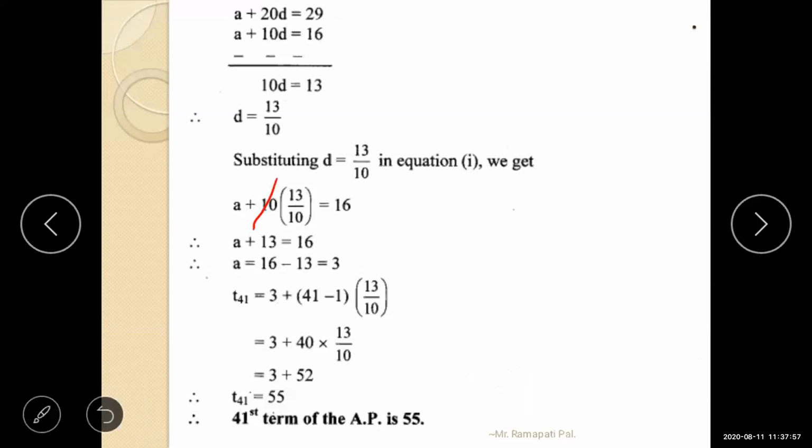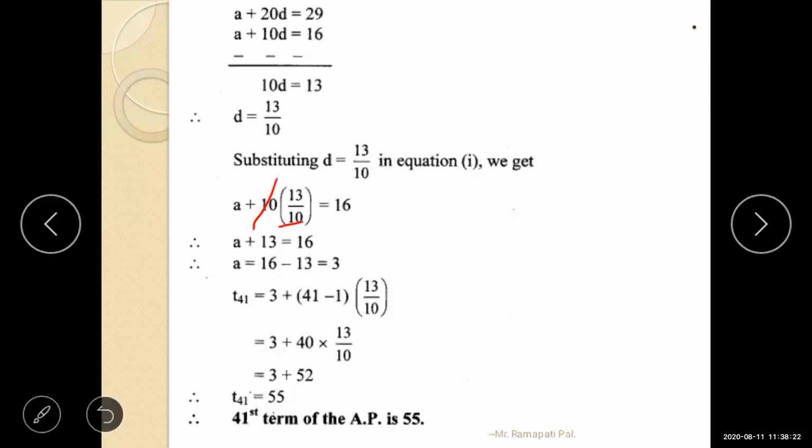This 10 and this 10 will be cancelled. So a plus 13 is equal to 16. Now take 13 to the right hand side. It will become a is equal to 16 minus 13. So 16 minus 13 is 3. So a is equal to 3.